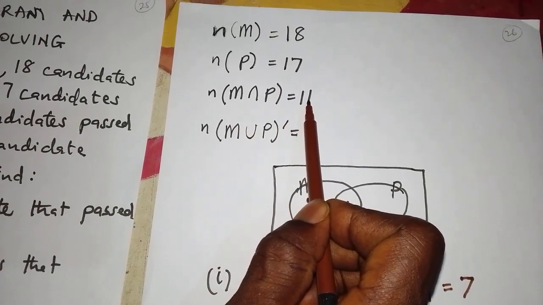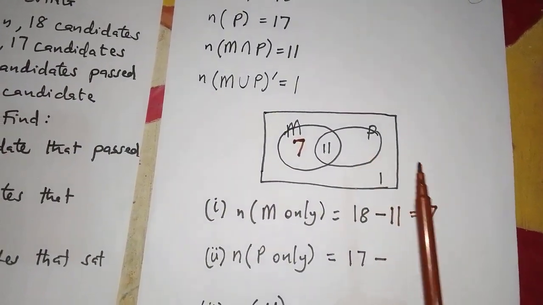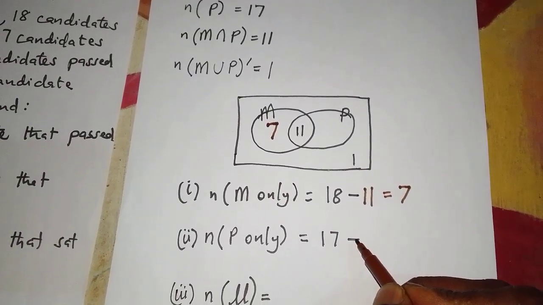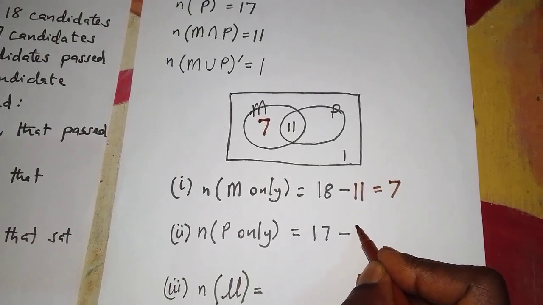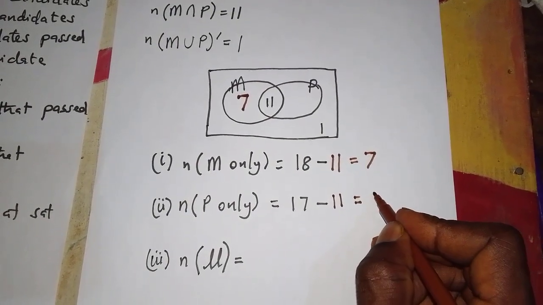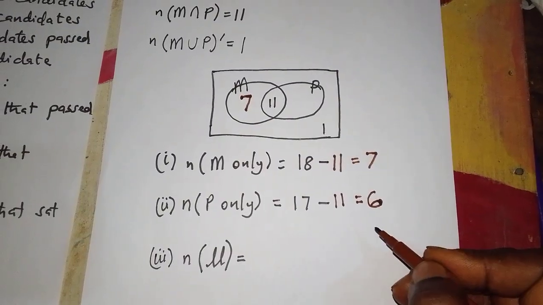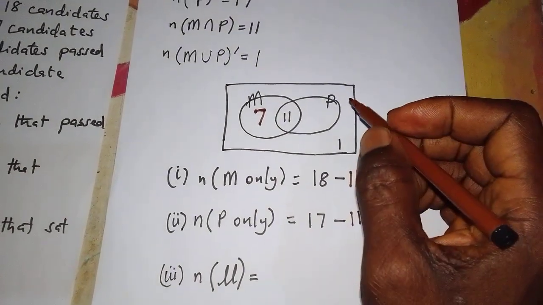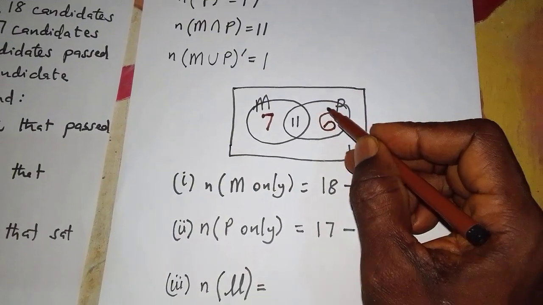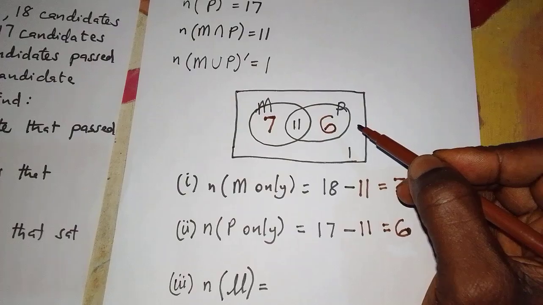So out of them, we are having 11. So to know those that pass physics only, it will be those that pass physics minus those that pass the 2 subjects. So 17 minus 11 will give us 6. It means 6 students passed physics only. So those 6 students will be in this circle here.